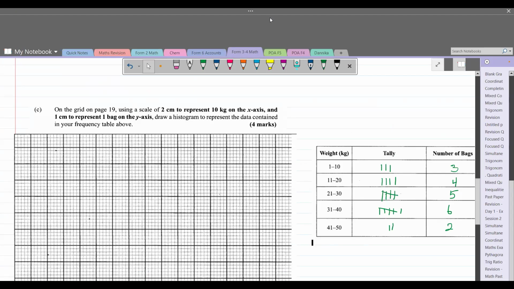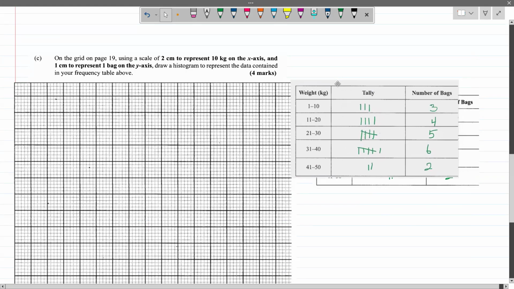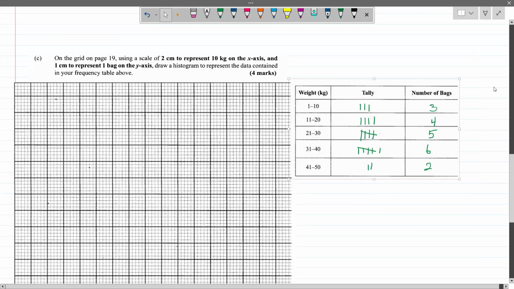All right, for the other part of the question, we want to draw a histogram to represent the data in the frequency table. I added the frequency table on the side here because we need to include another column to do it. There are two ways in which we could draw a histogram. We would usually plot the frequency, which is the number of bags, against our midpoint, which is the method I will be using today.